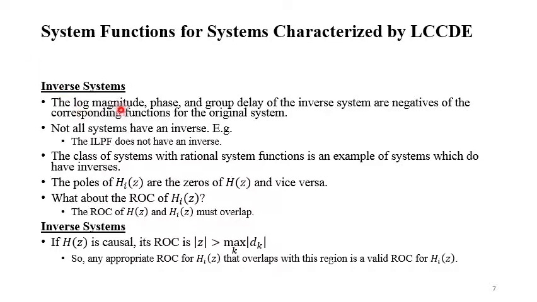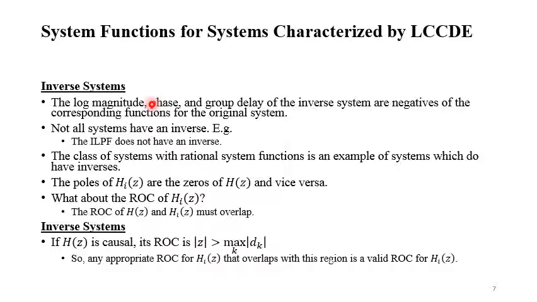The log magnitude, you understand, is magnitude expressed in logarithmic scale. Phase and group delay of the inverse system are negative values of the corresponding functions for the original system, right? So whatever values the original system has, they will be negative in the inverse system.